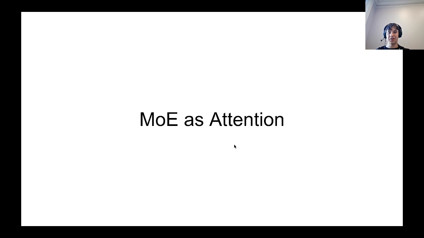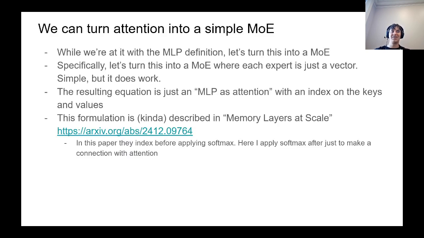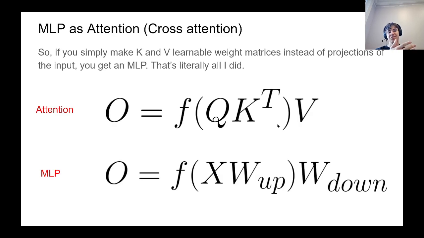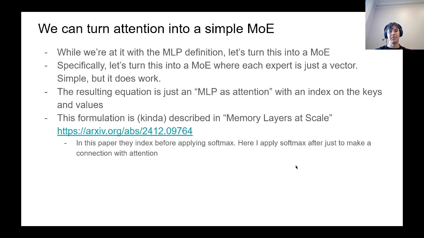So let's go one step further. Let's turn this into a MoE. I'm just kind of having fun with this. It's described in Memory Layers at Scale, which basically take this and define an index on W up and W down, and basically a MoE.